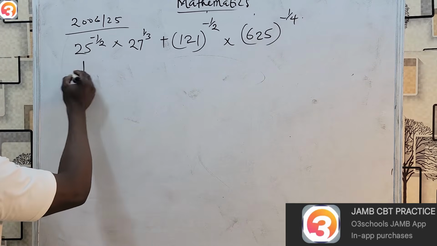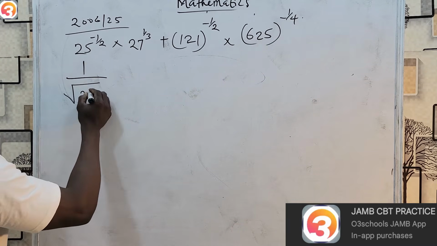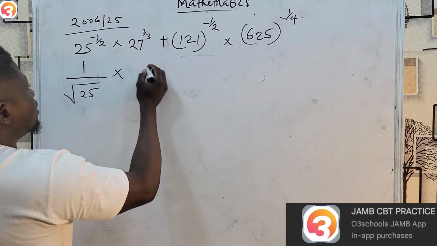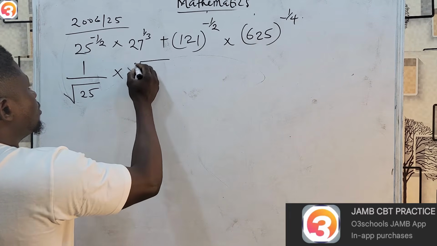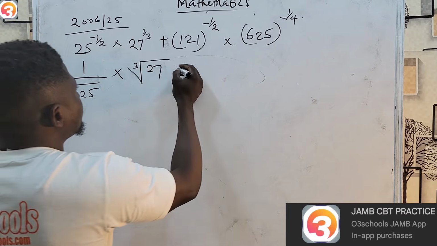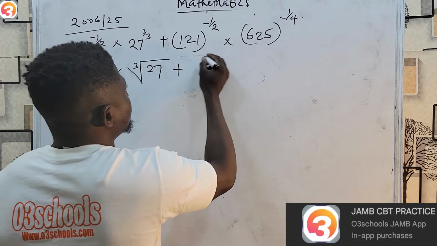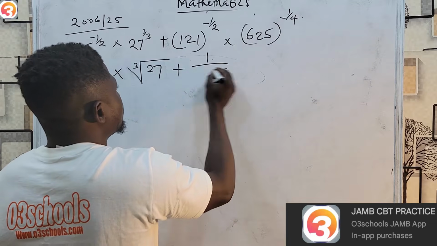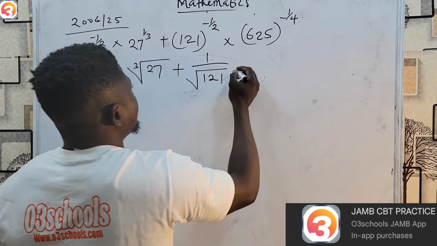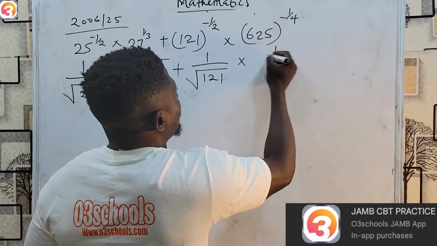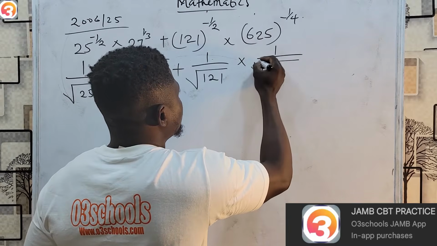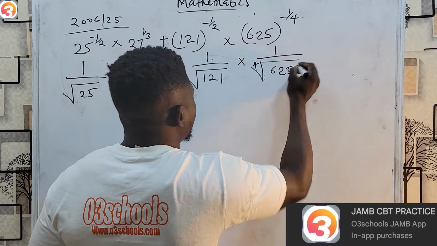So the same thing: 1 over the square root of 25, then times the third root of 27, then plus 1 over the square root of 121, then times 1 over the fourth root of 625.